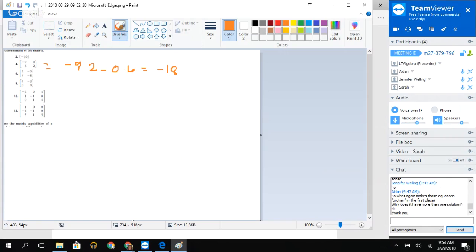Right? What about number 6? Number 6 would be 3 times negative 8 minus negative 3 times 4. So we get negative 24 plus 12, or negative 12.